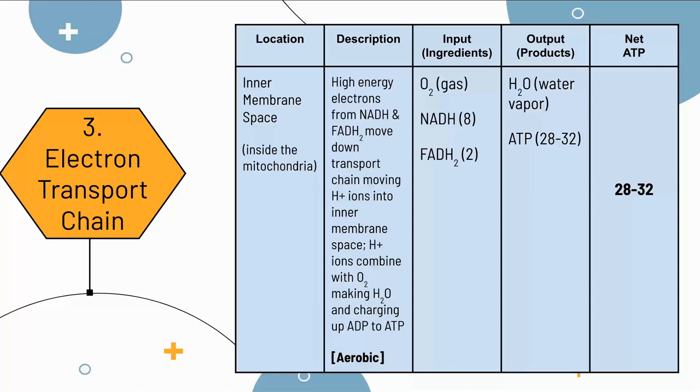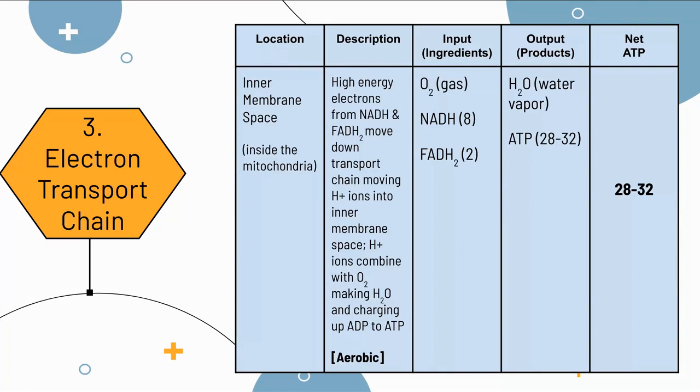The final step in cellular respiration is referred to as the electron transport chain. Like the Krebs cycle, the electron transport chain is going to happen inside of the mitochondria, specifically inside of the inner membrane space. The electron transport chain involves molecules of NADH and FADH2 donating their electrons.